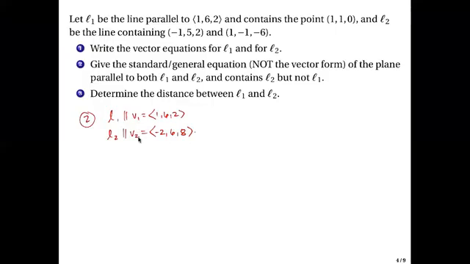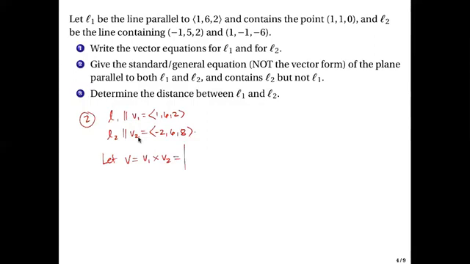Remember, the cross product of two vectors will always be perpendicular to both. So let's say V is the cross product of V1 and V2.